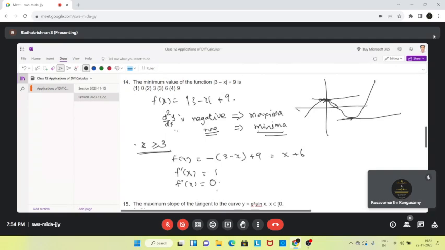So where does f dash of x become 0? It doesn't become 0 at all, right? Because it is 1, so it doesn't become 0 at all. So there is no maxima or minima here. Let us look at the other range.